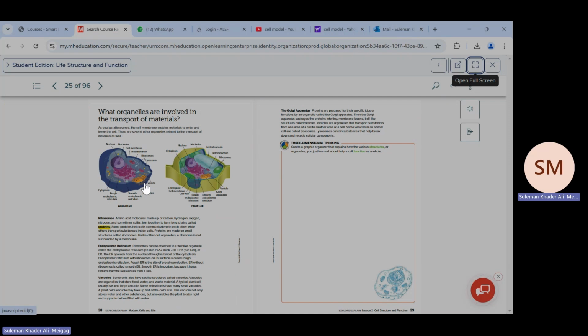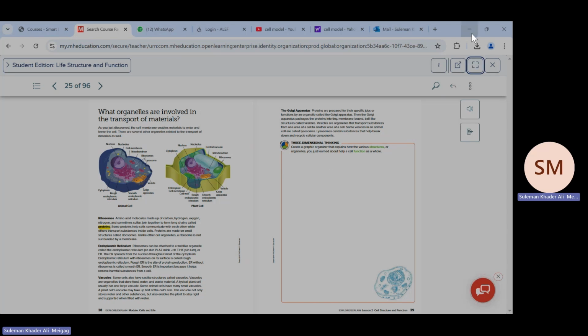Yes. So there are many, many sources that you can use. Your kitab, Google, images. Okay, so all of those are ways that you can use.